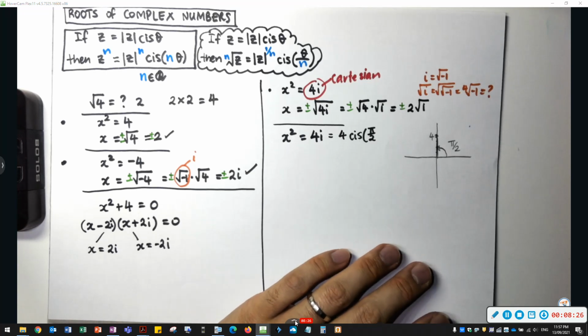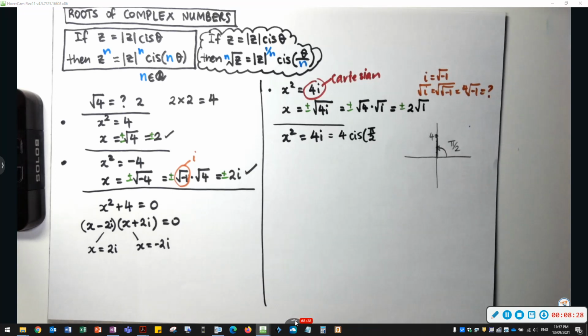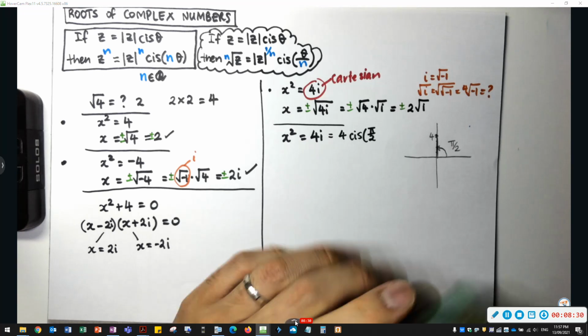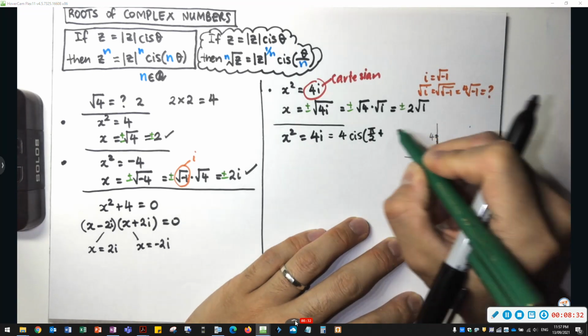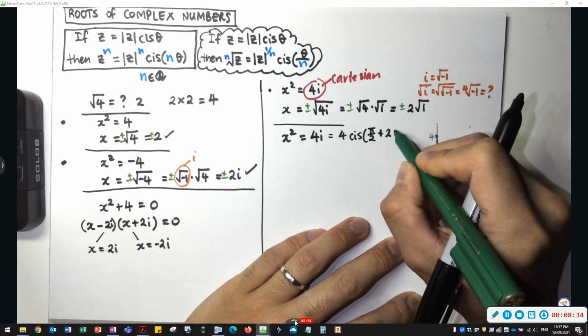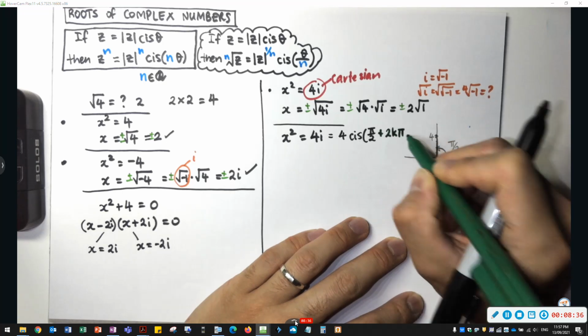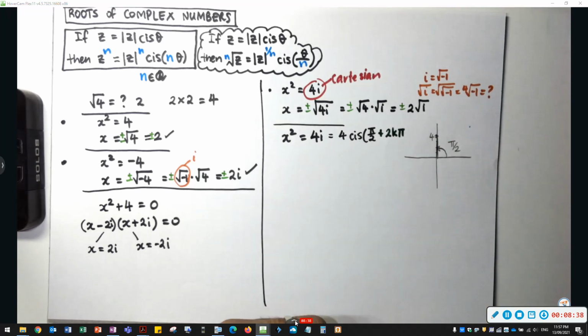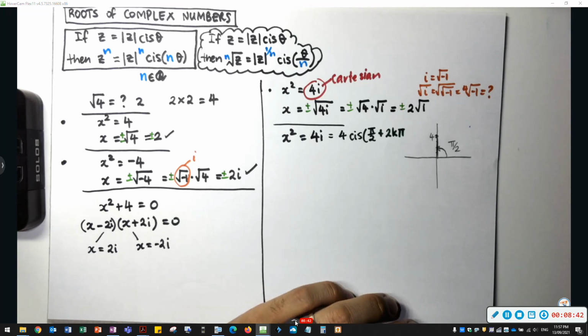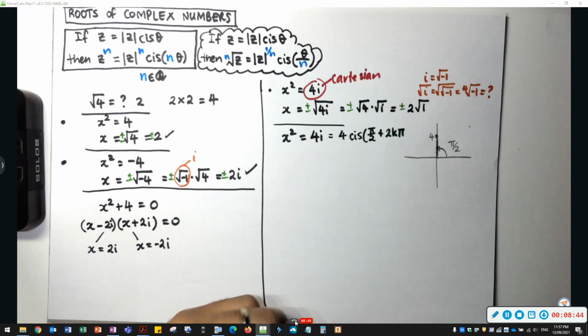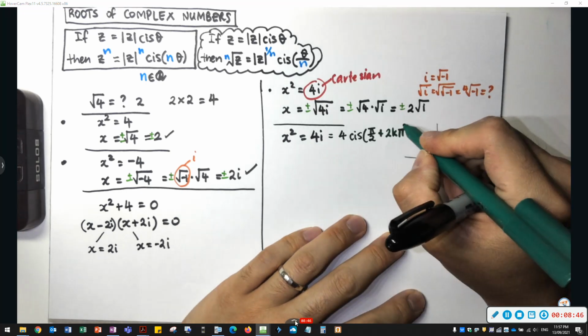So we're now going to add plus 2k pi. Okay, so the k means that you've got multiples of 2 pi.